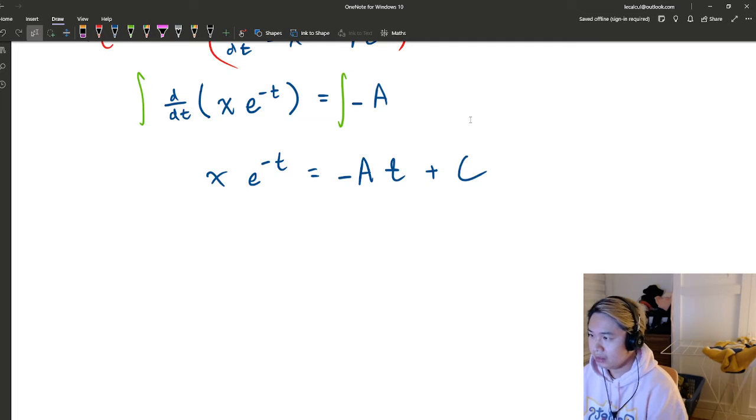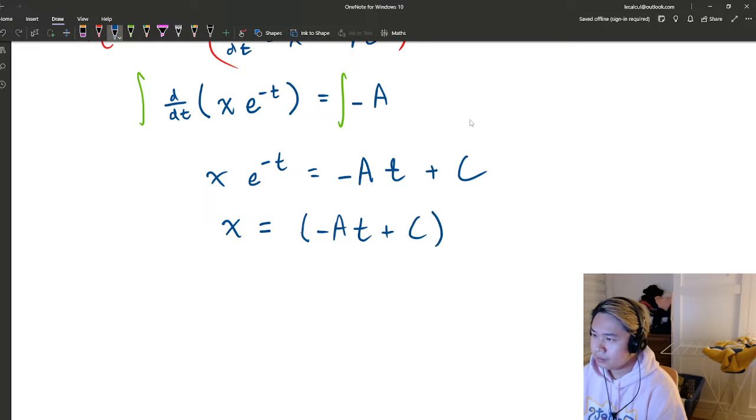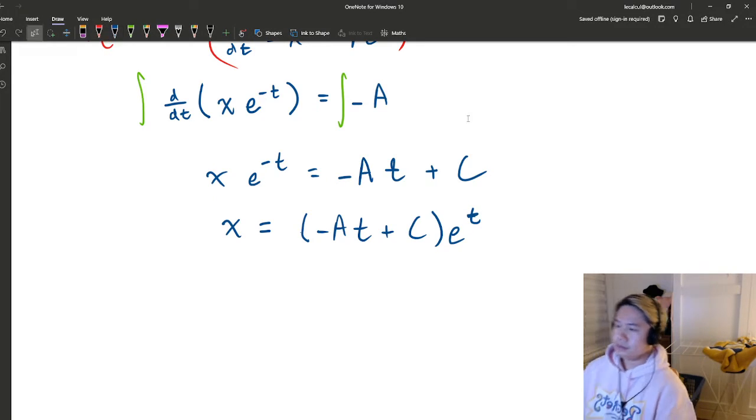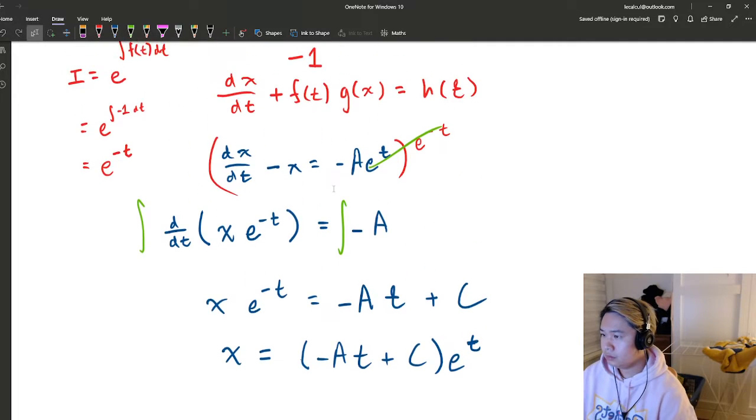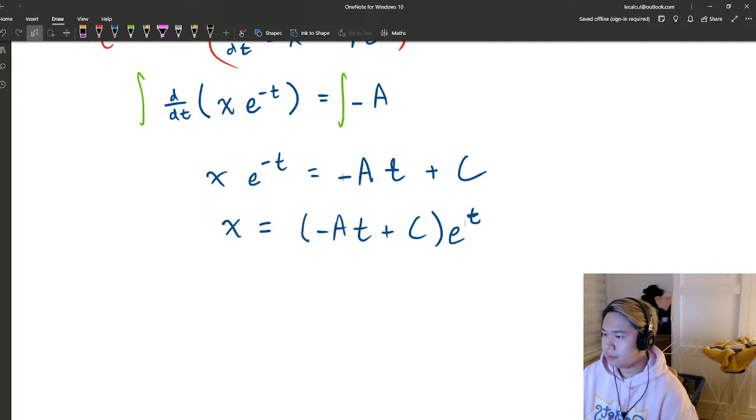Hopefully I'm doing this right. And then that means that x as a function of t is, I guess I'll just write it like this. Is this.